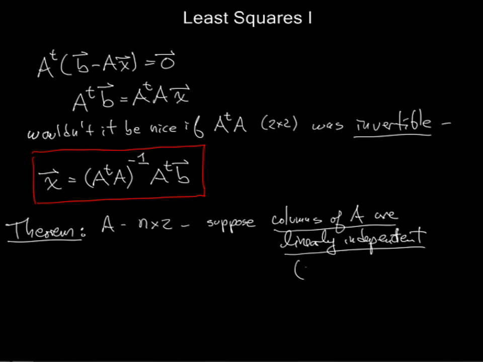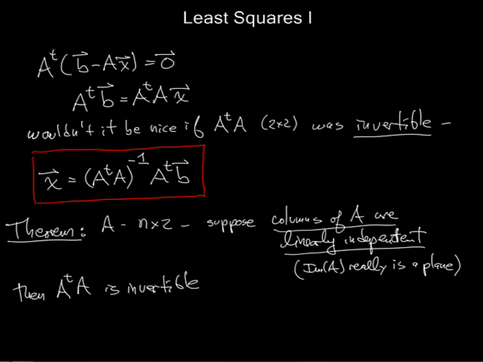So let's make this assumption. The columns of A are linearly independent. Then the assertion is that this 2 by 2 matrix A transpose A is invertible. And because it's invertible, what's in the red box is legit. That gives the solution to the least squares problem.